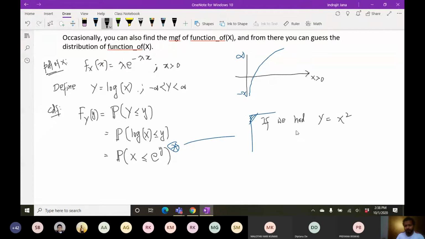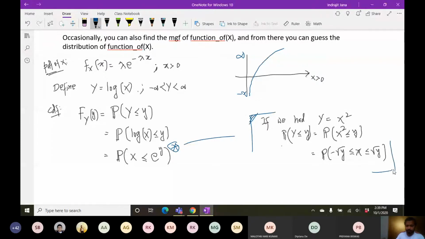At this step, you would have the probability of Y less than or equal to y, which is equivalent to the probability of x square less than or equal to y, which is the probability of negative square root of y less than or equal to x less than or equal to square root of y. Okay.